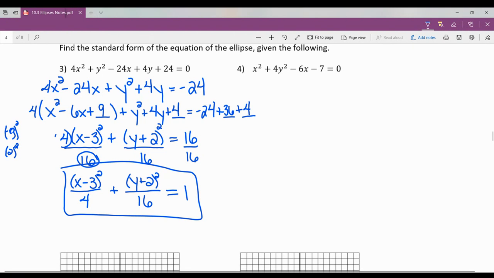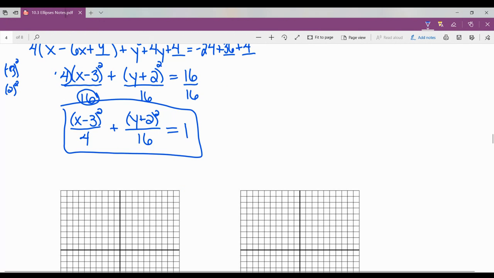All right, so now when I look at it, just to recap how you would do that, the center of the ellipse is going to be 3 comma negative 2.